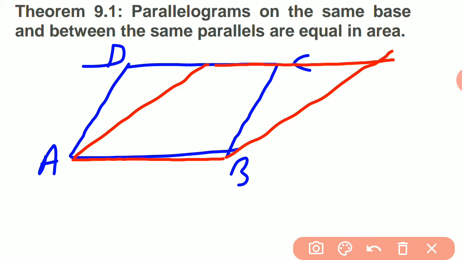Suppose this point is E and this point is F. These two parallelograms lie on the same base AB and between the same parallels DF. We can prove that their area will be equal. Our aim is to prove that their area will be equal.